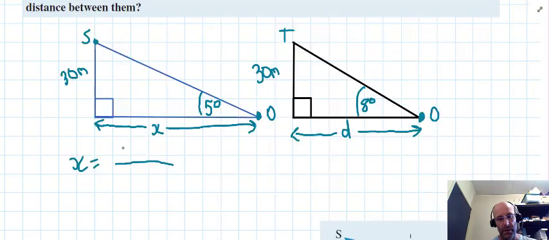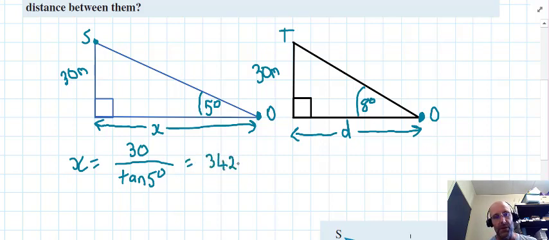Because these are right-angled triangles, I can use sine, cos and tan. So if we rearrange the expression for tan, x equals 30 over tan of 5. You can pause the video and check that out yourself. And thus, that will be 342.9 meters to 1 decimal place.